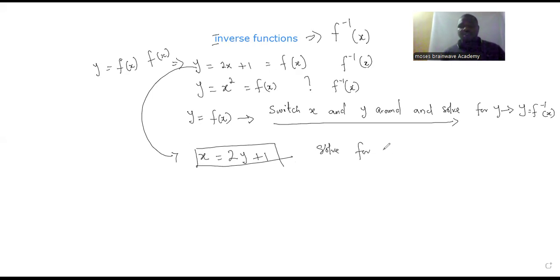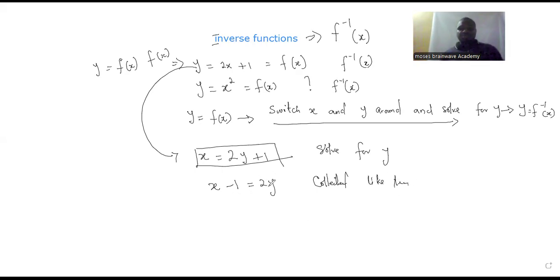So over here, by simple algebra, I'm going to take 1 to the other side and collect like terms. I have x minus 1 is equal to 2y. I just collected like terms. So what am I going to do next?